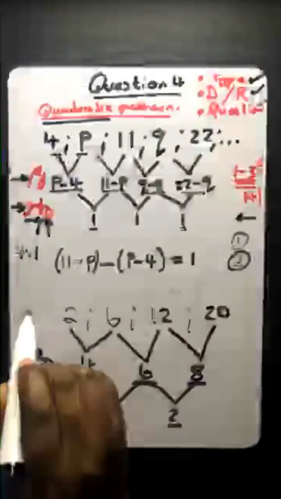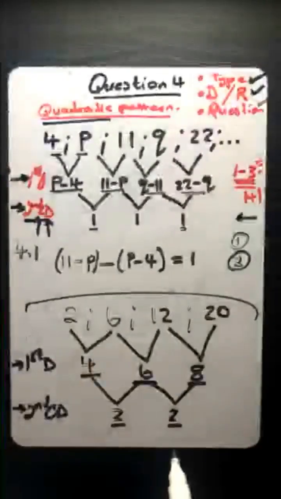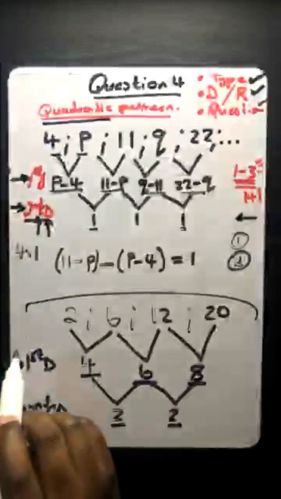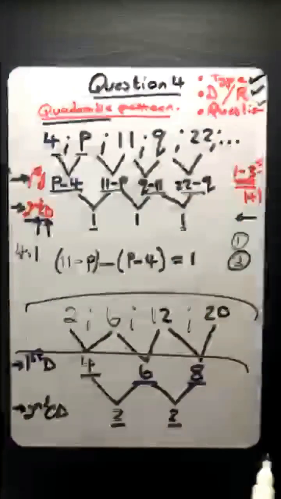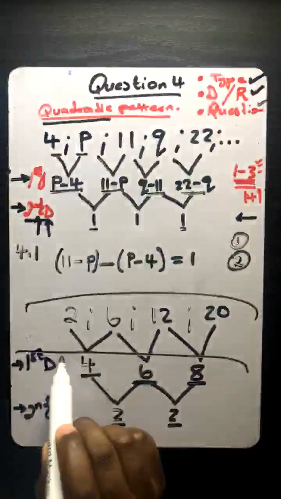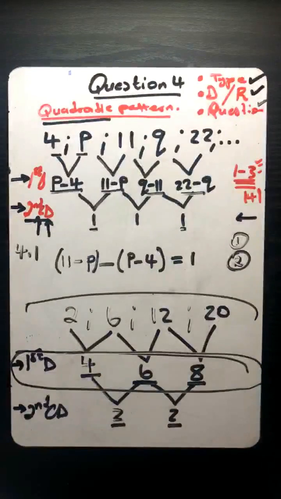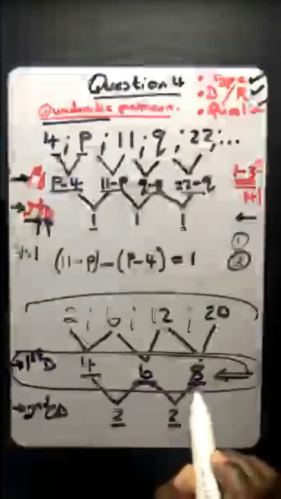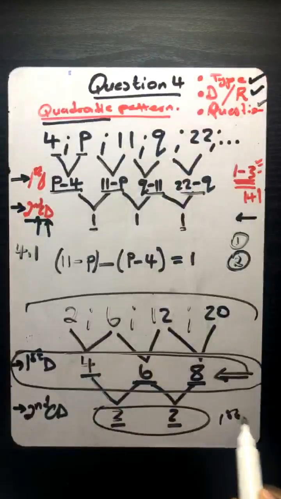So starting from here, going down, it's a quadratic number pattern. But Lerato, starting from here, going down, it's an arithmetic or linear pattern. So at this stage, you can treat that as a linear or arithmetic number pattern. Why? Because when you do that minus that, that minus that, it gives you the common difference, which is the first common difference.